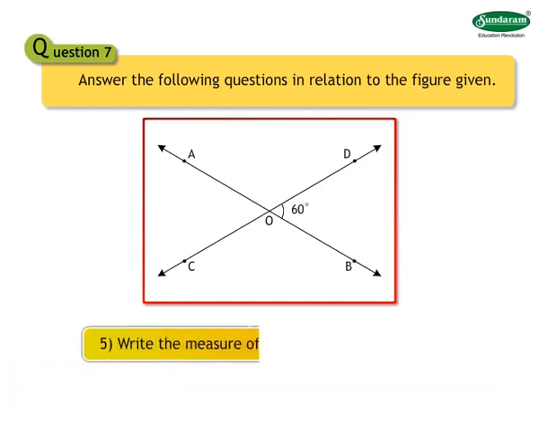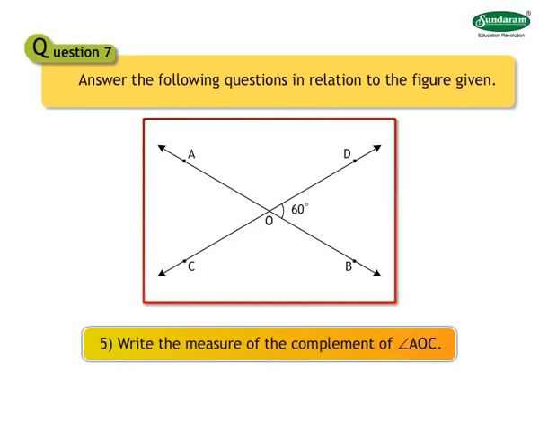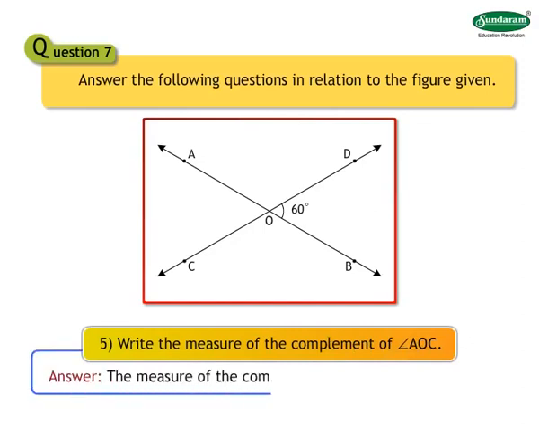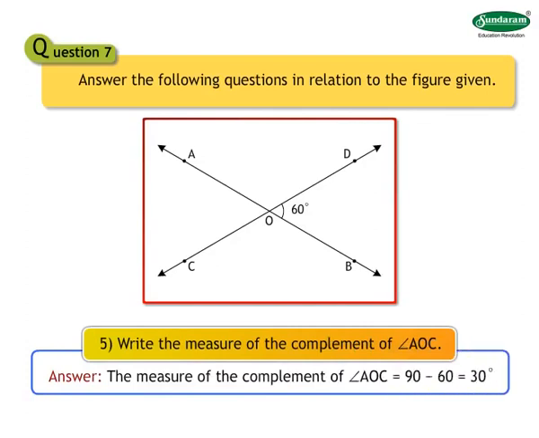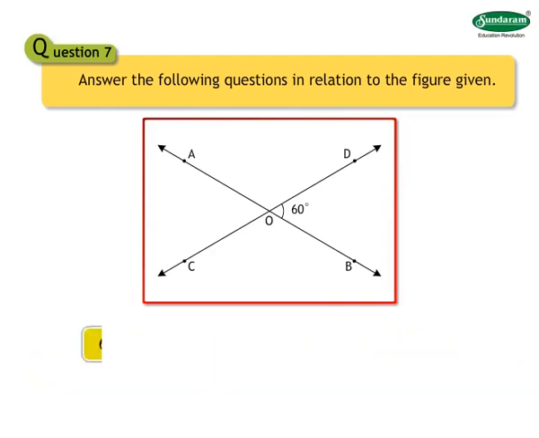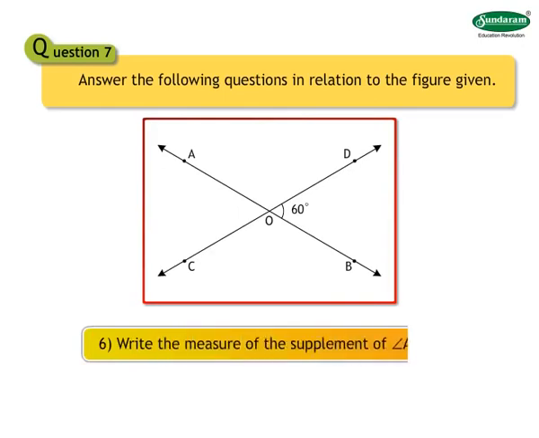Number 5. Write the measure of the complement of angle AOC. Answer. The measure of the complement of angle AOC is equal to 90 minus 60, which is equal to 30 degrees. Number 6. Write the measure of the supplement of angle AOD. Answer.